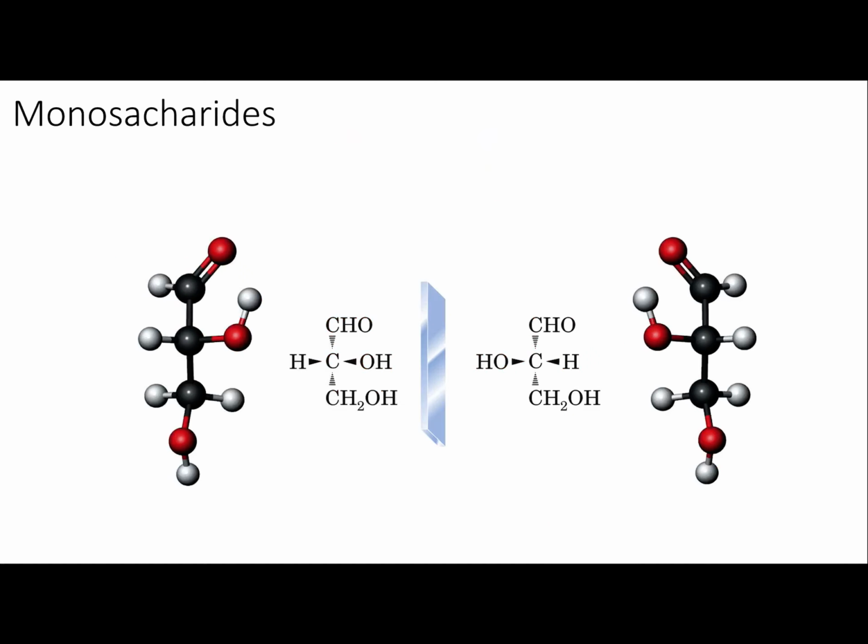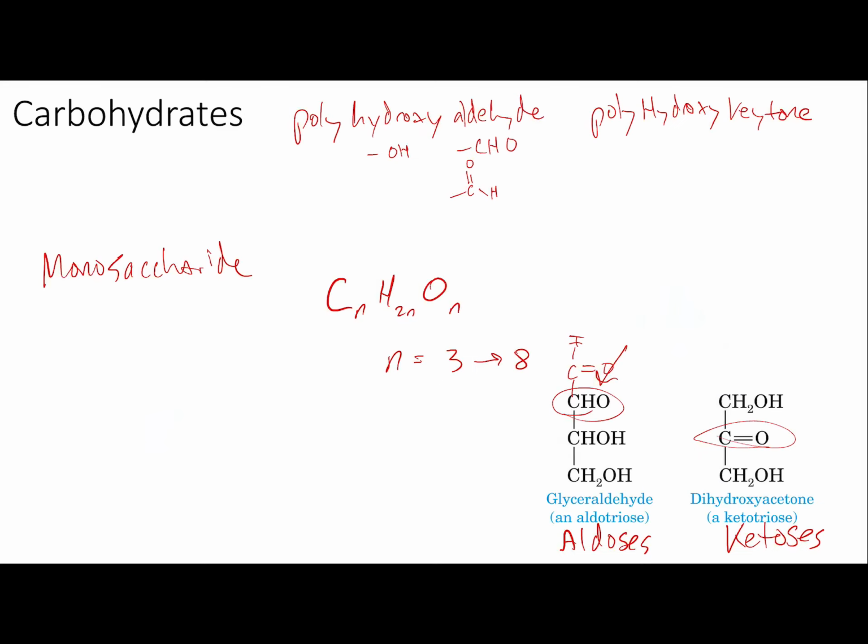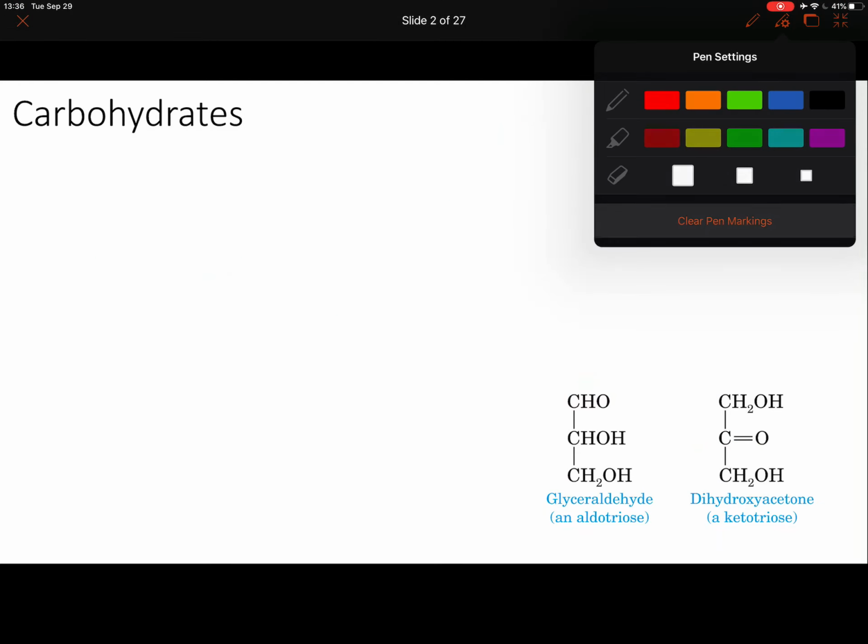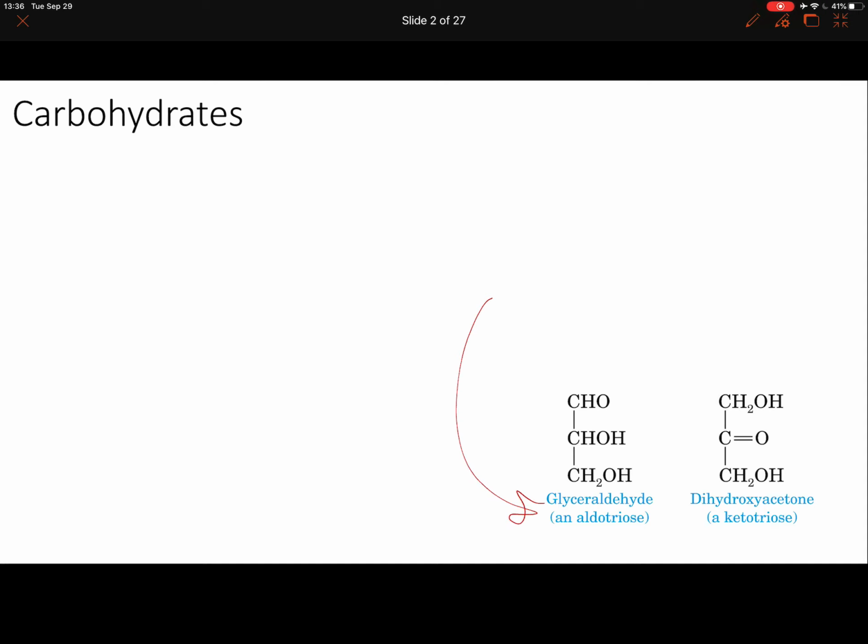Monosaccharide naming contains the suffix -ose, and this indicates that the molecule is in fact a carbohydrate. In fact, I can probably use this as a better example, right? So an aldotriose, a ketotriose here tells us that it's a carbohydrate.